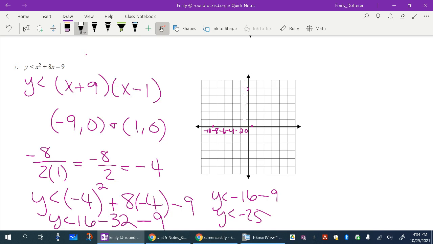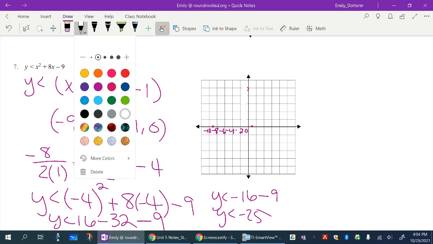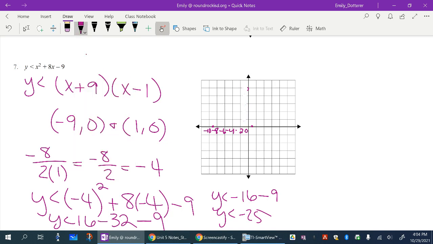So let's do a different scale on this one. So we need to get all the way down to negative 25. And if we do a scale of 2, that's not quite going to be enough. 2, 3, 4, 5, 6. But if we go by 5s, it will be.